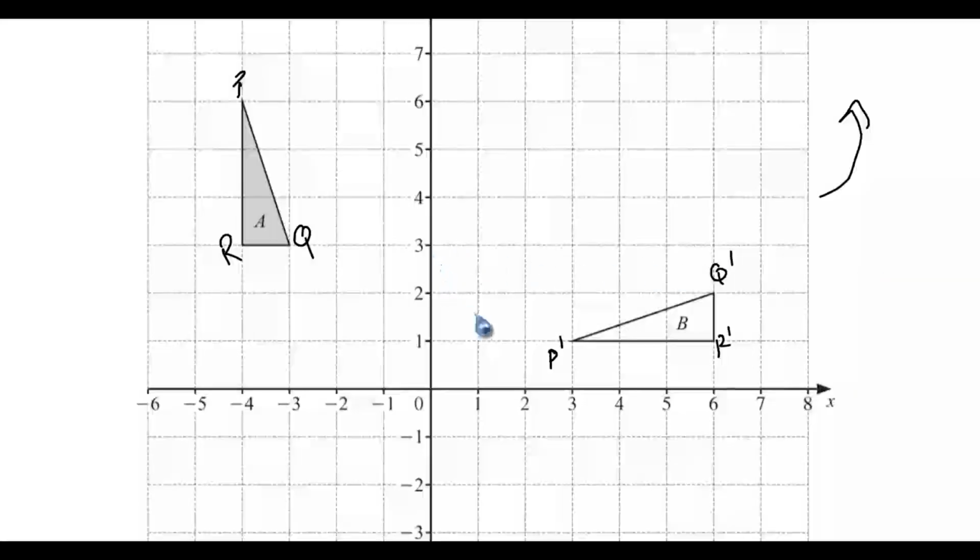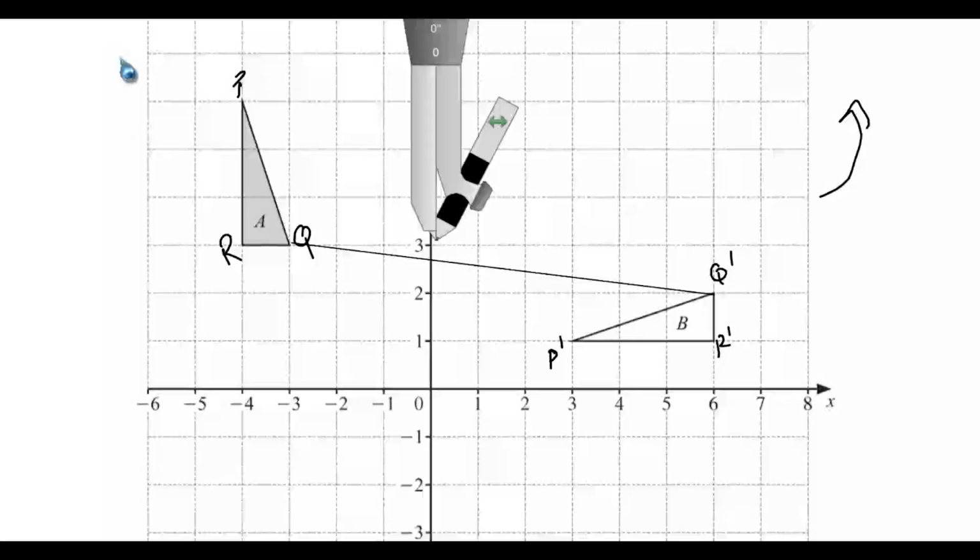So the angle will be determined very soon. The center of rotation is very important, so we'll try to connect two corresponding points together. Let's take Q and Q prime. Then we draw the perpendicular bisector by using a pair of compasses.